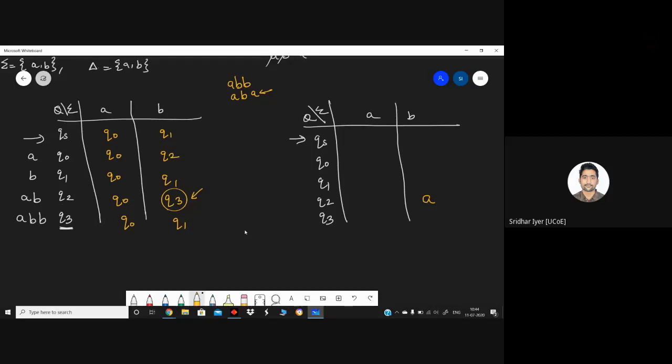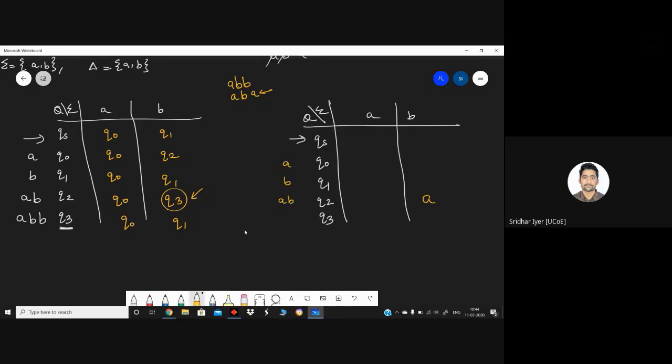Now, what should be the output in these cases? Can anyone let me know what can be filled over here? This is important. What can you fill in this output table? Simply follow your logic. It's very simple.